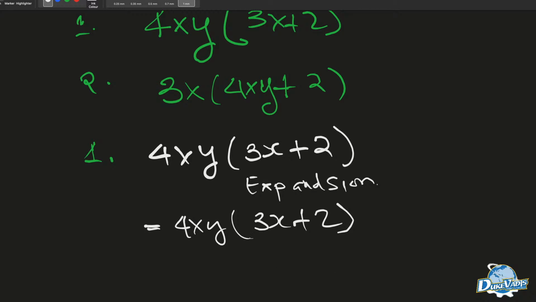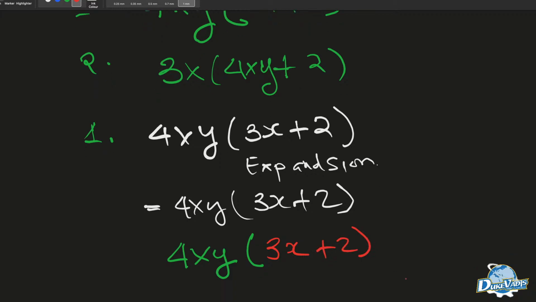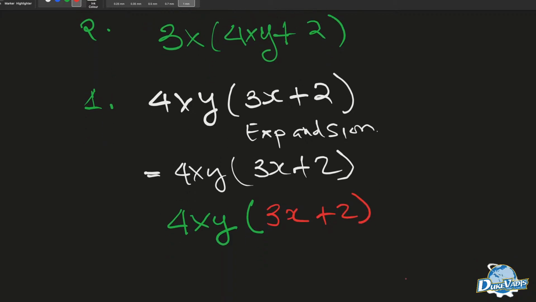I always want to use colors to make my work easier. So I have 4xy out of the equation, and into the bracket I have 3x plus 2 for the first question. What I'm going to do is expand.